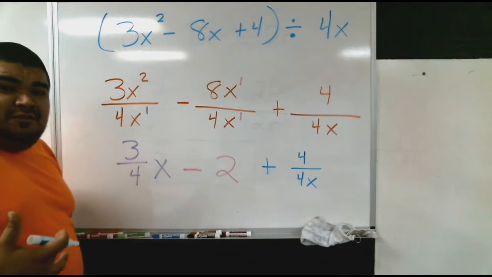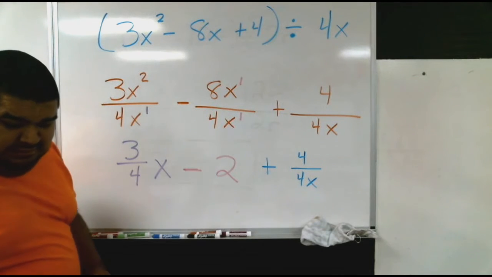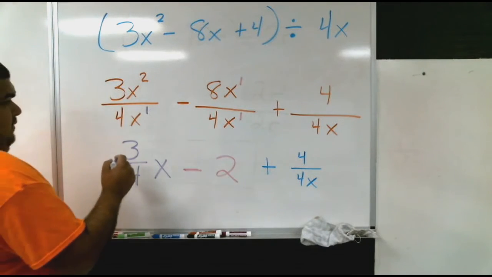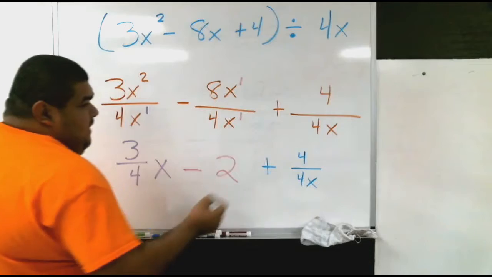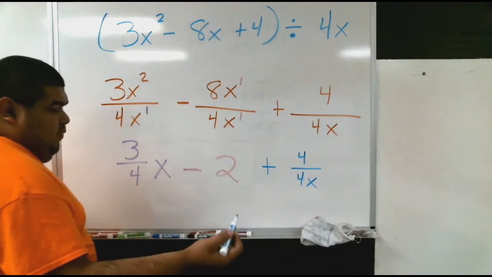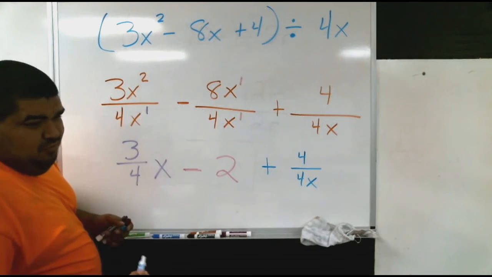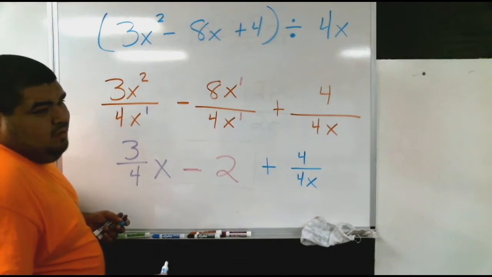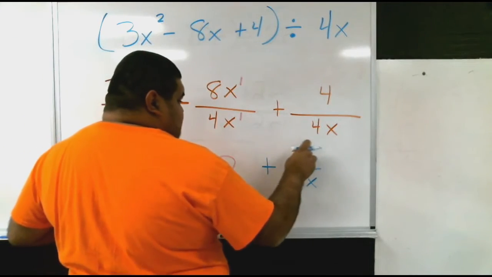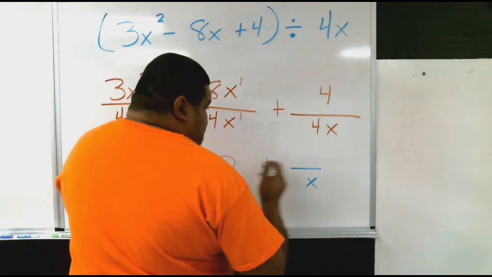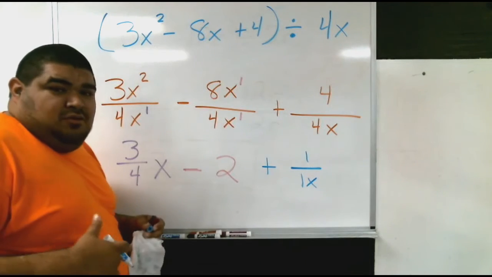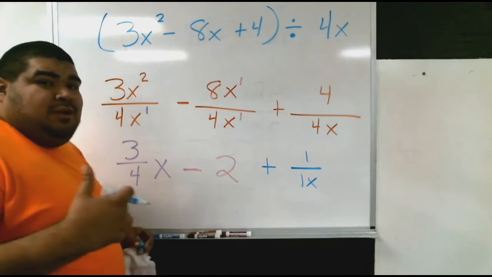So our final answer for this problem is, well, technically, we can combine the 4's here. 4 can go into 4 one time. So technically, it should be 1 over x if we just reduce, at least. So we can do 1 over 1x. Some of you might ask yourself, why not just 1x?